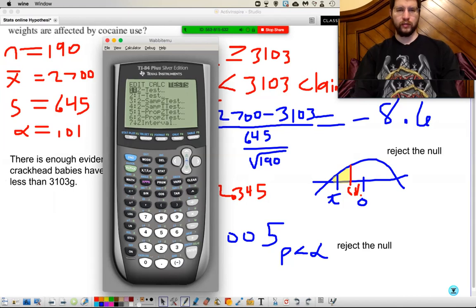Number 2, a t-test, 3103. Type in all this stuff.